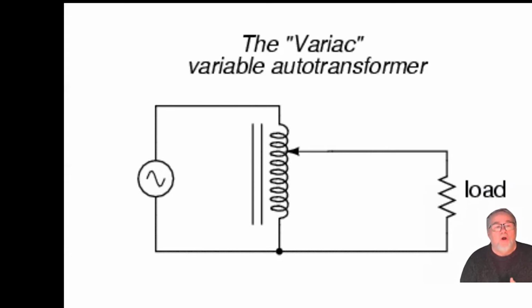The Variac variable transformer is a wonderful thing. What it does is it lets you bring the power into a piece of equipment up very slowly, very gently, so that instead of putting the full mains on, you can bring it up 40, 50, 60, 100, 120 and see if something's going to smoke or pop or burst into flames by very gently applying the mains power.